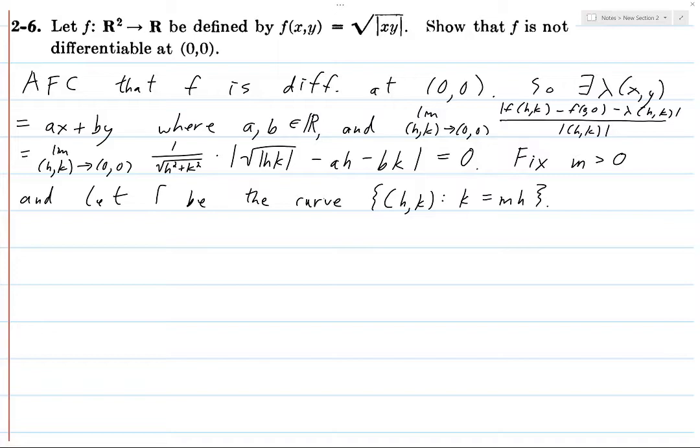This is something that's likely to come up. If you want to take the limit to a point in R2, then every single path needs to give the same value. So in particular, you want to look at lines. Looking at lines is typically the easiest way to find contradictions to limits existing. So anyways, let gamma be this curve.